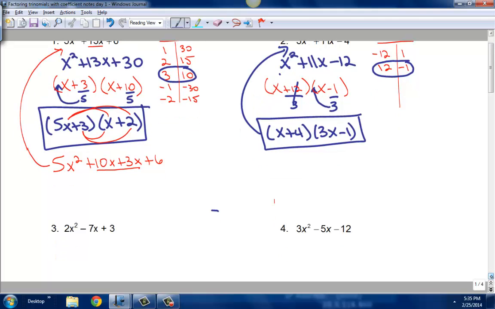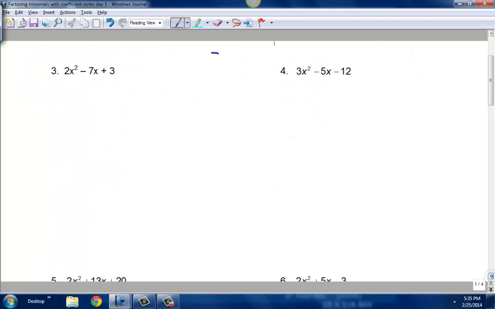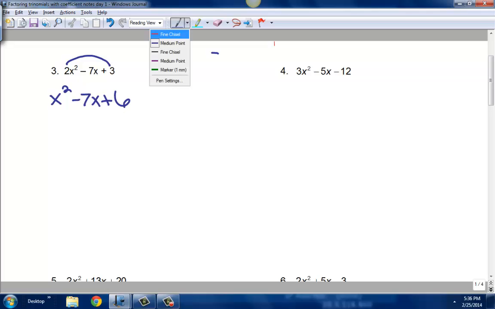Let's do a couple more. Alrighty. Lead coefficient other than 1, so multiply the first into the last. Rewrite your trinomial, and now factor it like normal.